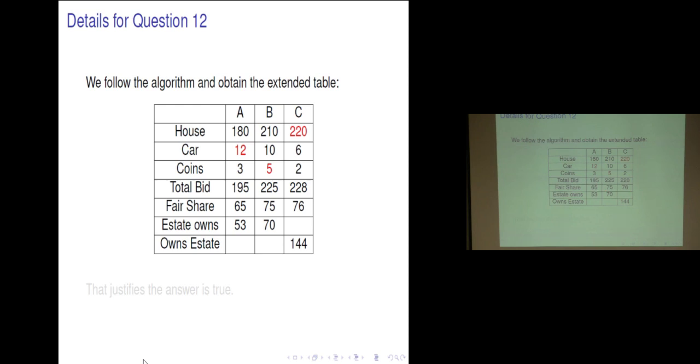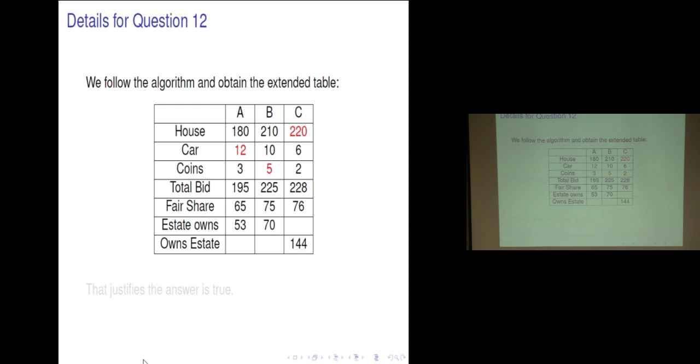Now, for Mr. A, he thinks he should get 65, right? But he already got a car, and in his eyes the car was 12. So the estate still owes him 53. The number 53 comes from 65 minus 12. Similarly for B it is 75 minus 5, and for C it is 76 minus this.